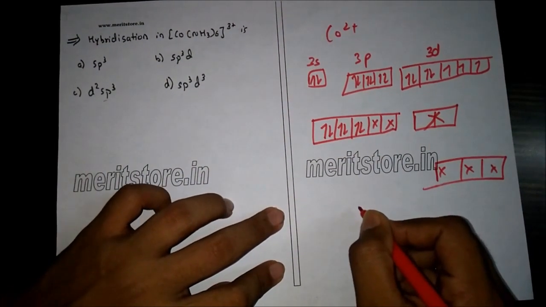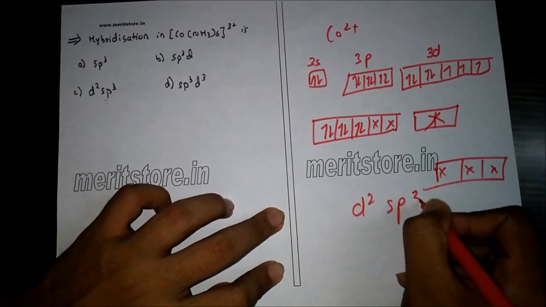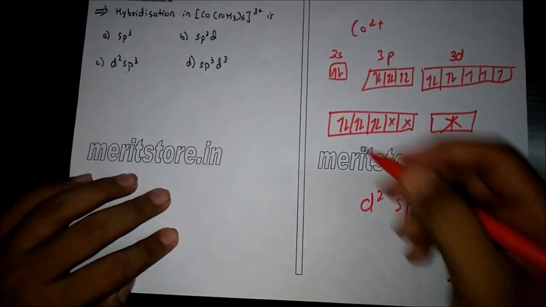Therefore, it forms a hybridization of d2sp3. Therefore, the correct answer is option C, d2sp3.